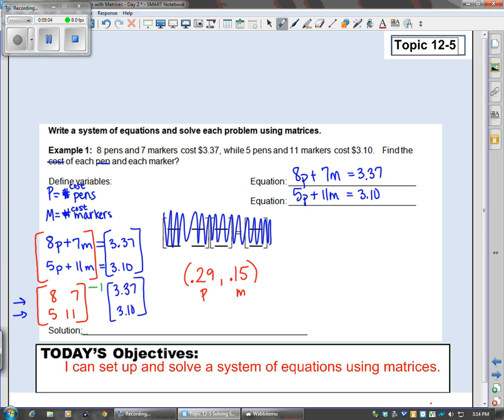So now, this is why I get super excited about this, because we can say it's 29 cents for a pen and 15 cents for a marker. Okay, so each marker costs 15 cents, each pen costs 29 cents.